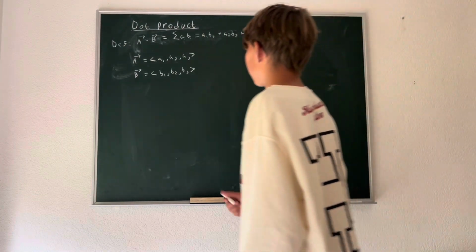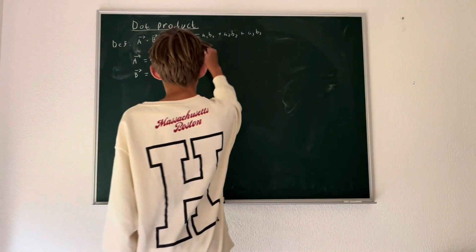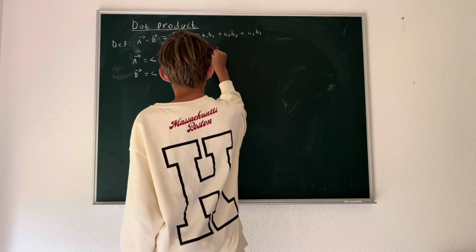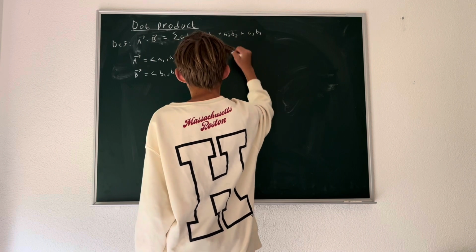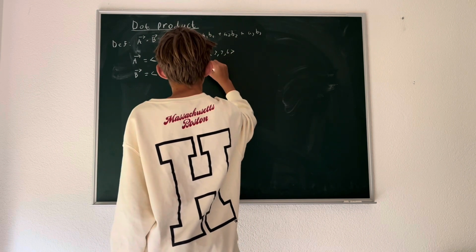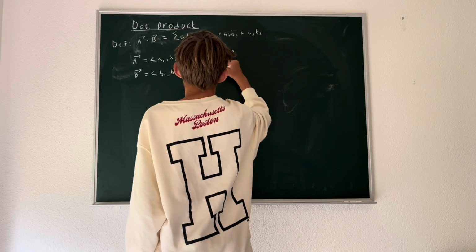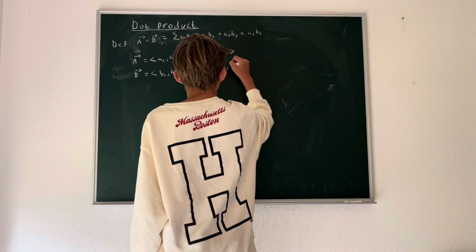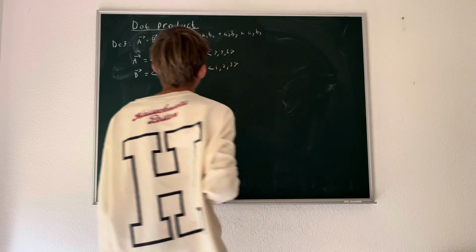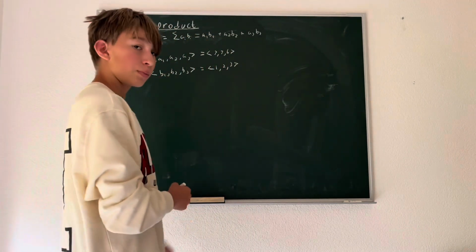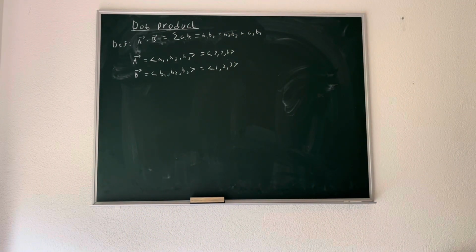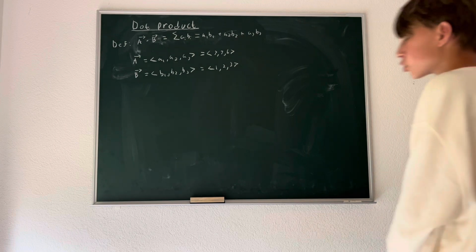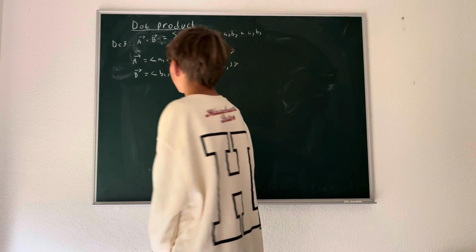So now let's work through a problem. Let's say A equals 3, 7, 6, and B equals 1, 2, 3. What will the dot product between these two vectors be? Hopefully you've tried to work this out on your own.